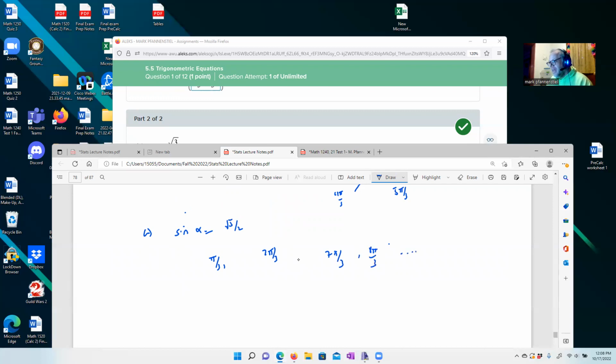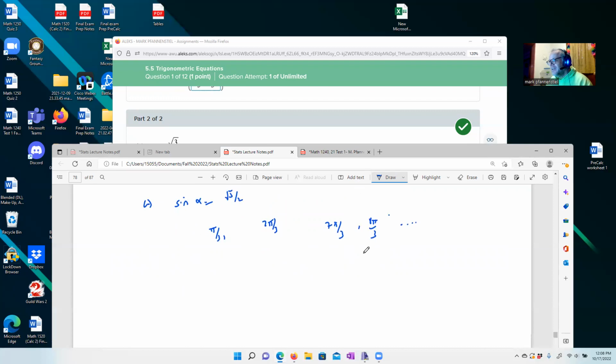And then it's not really fair to put dot dot dot there because it's not really an obvious pattern. But we could break this up into saying alpha is equal to 6n pi over 3 plus pi over 3.